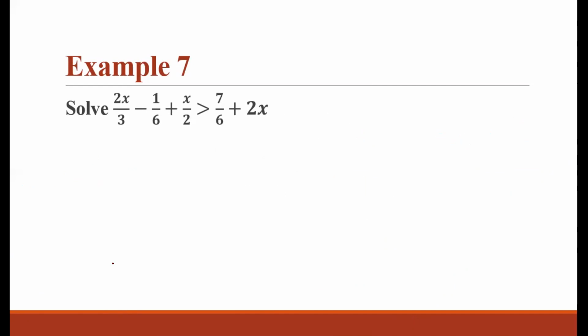But the biggest point to note: if you're given something that has denominators, you look for the LCM. When you look at these values, 3, 6, and 2, what is the LCM? 6. Correct.